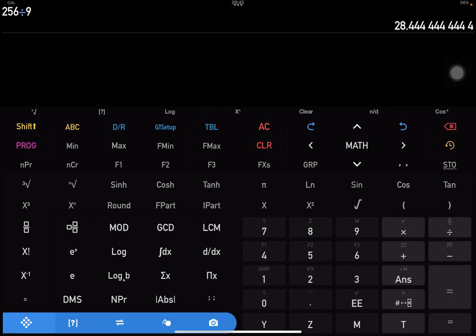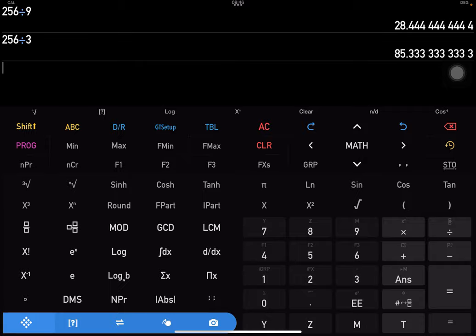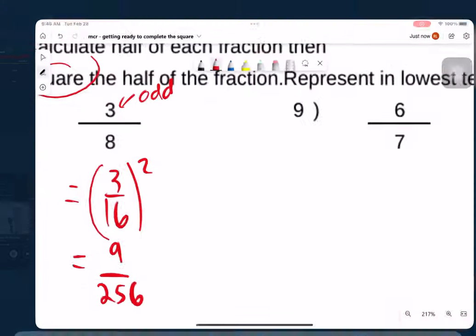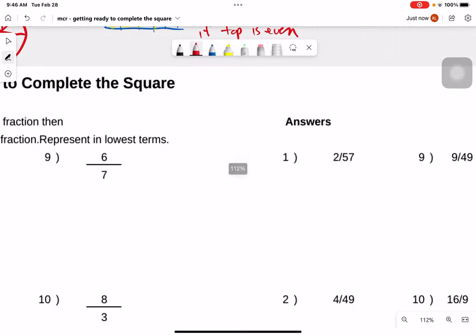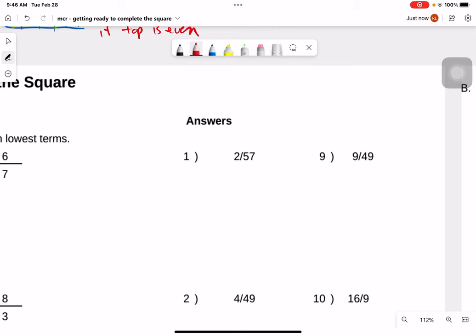That's not right. I should do 256 divided by 3 as well, because 3 is a factor of 9. No, that's a decimal, so I can't lower that. That's the lowest terms. 9 out of 256. Now, I think the answer over here says 2 out of 57. That must be a mistake.